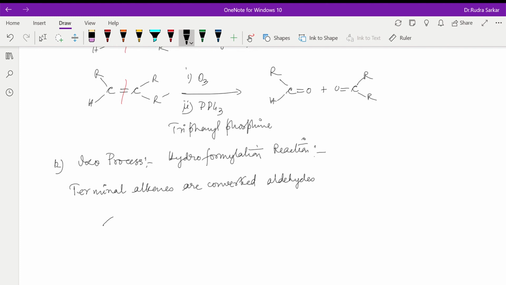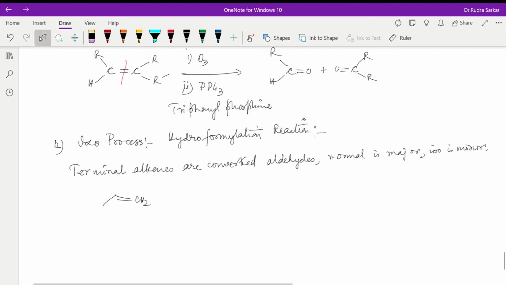When I say terminal alkene, I mean something like this. Double bond is attached to the endmost carbon. Okay. And here the normal is major, iso is minor. Let's understand what is the normal and what is the iso.